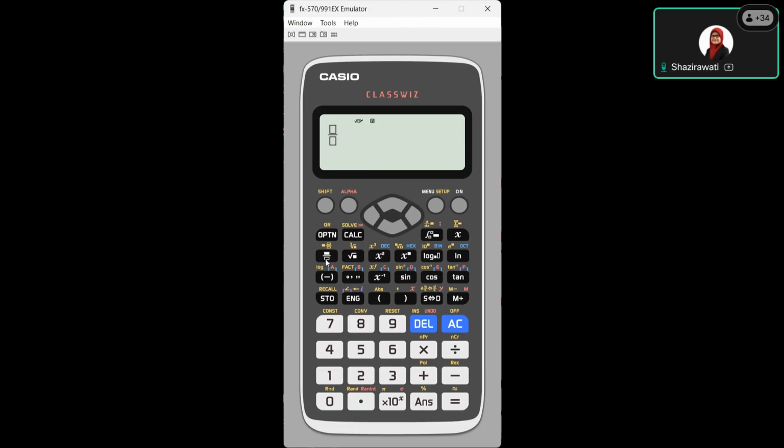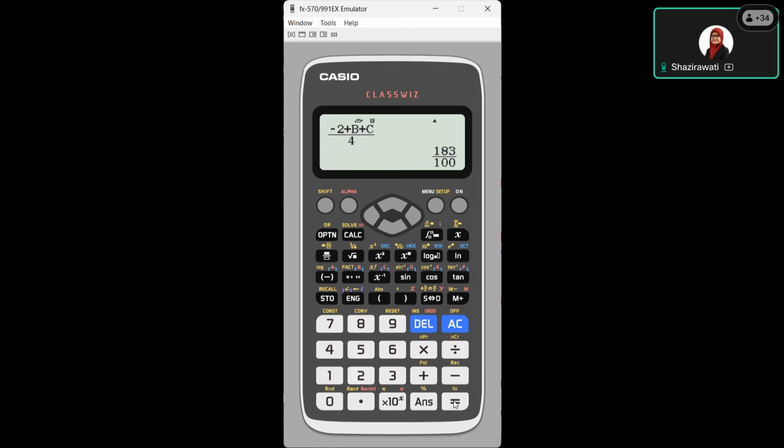Okay, so kita nak store negative 2 plus Alpha B plus Alpha C over 4.